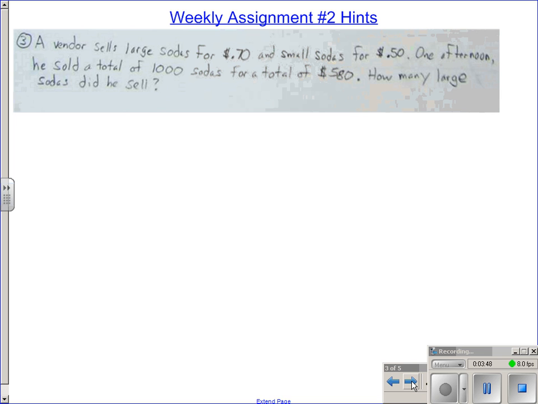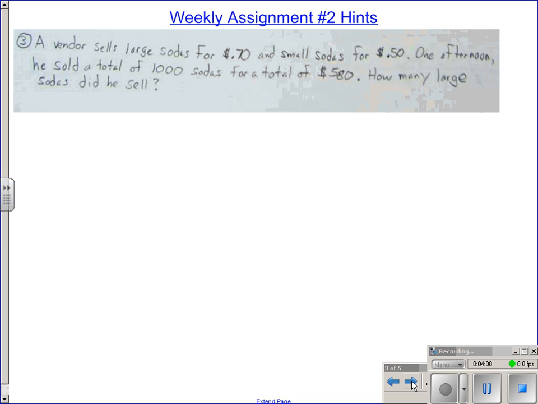For this one, you're going to have to do a system of equations. Okay, you got a vendor sells large sodas for 70 cents, small sodas for 50 cents. On one busy afternoon, sold a total of 1,000 sodas for a total of $580. How many large sodas?